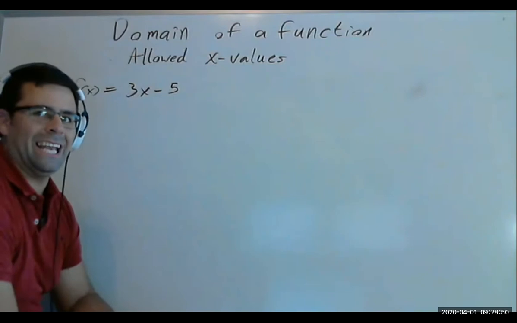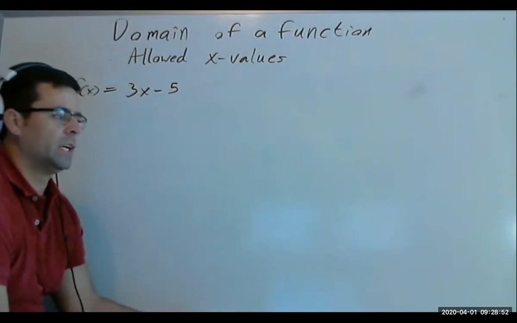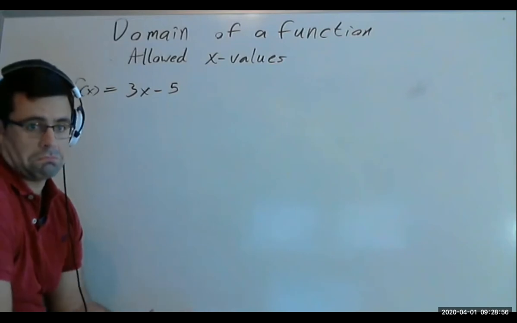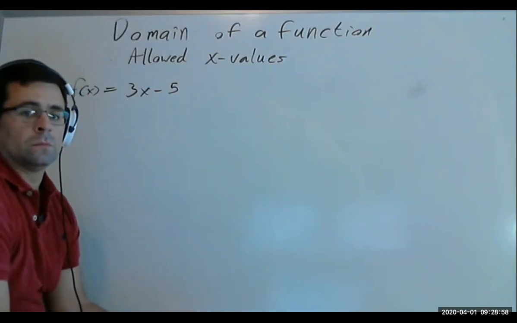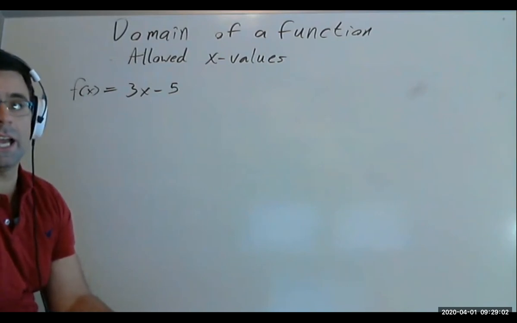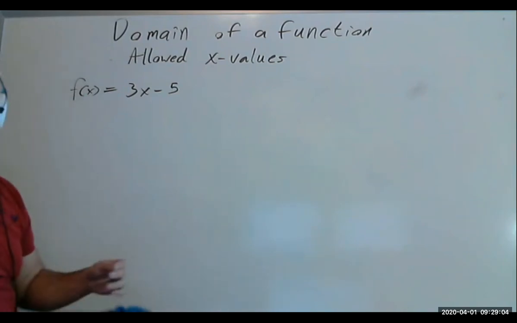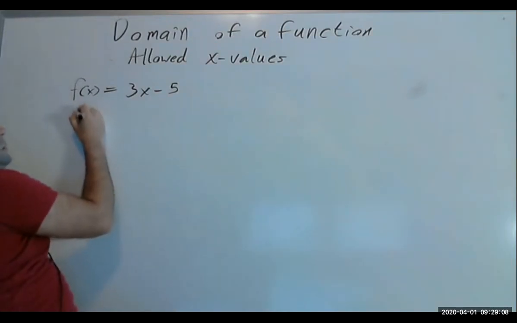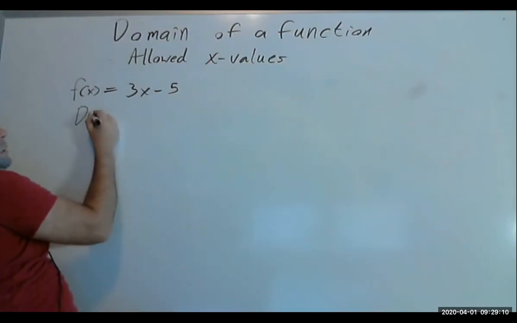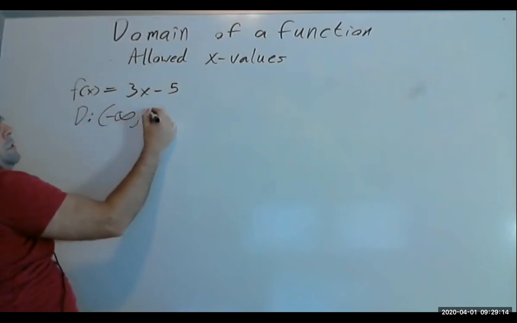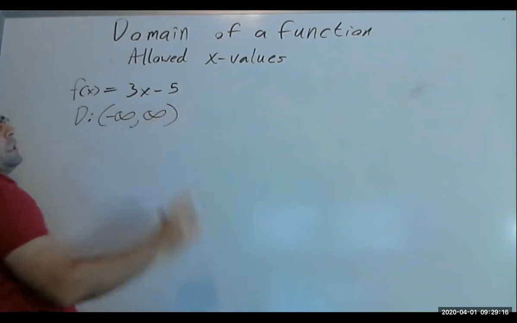You can put any x value from negative infinity to positive infinity in there and get something out. So this thing has an infinite domain. So the domain of this one goes from negative infinity to positive infinity.